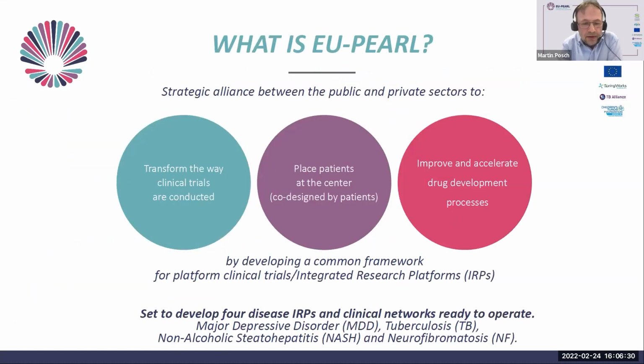Before we start with the topic on non-concurrent controls, first let me shortly introduce EU Pearl. EU Pearl is an EU-funded project by IMI, the Innovative Medicines Initiative, to form a strategic alliance between the public and private sector to transform the way clinical trials are conducted. The aim is to develop a common framework for platform trials with the objective to improve the drug development process.